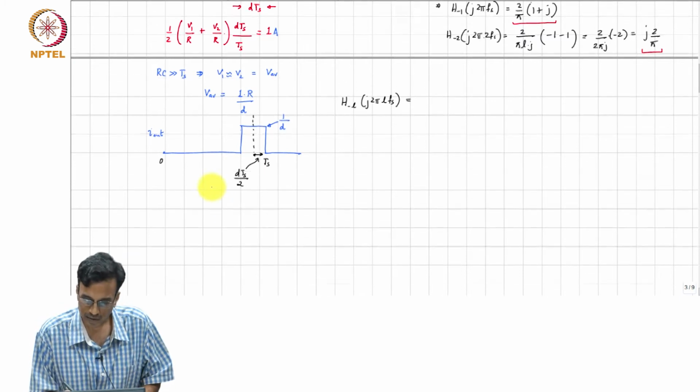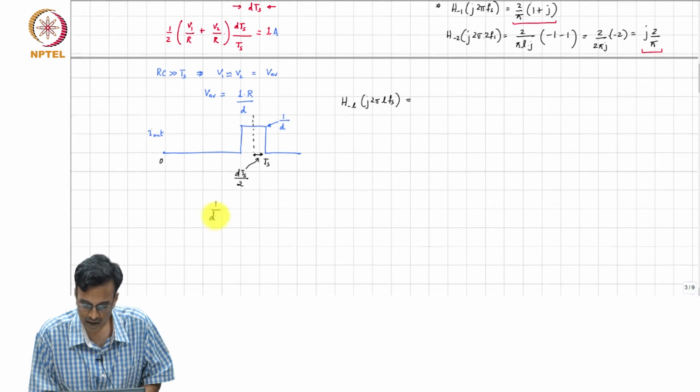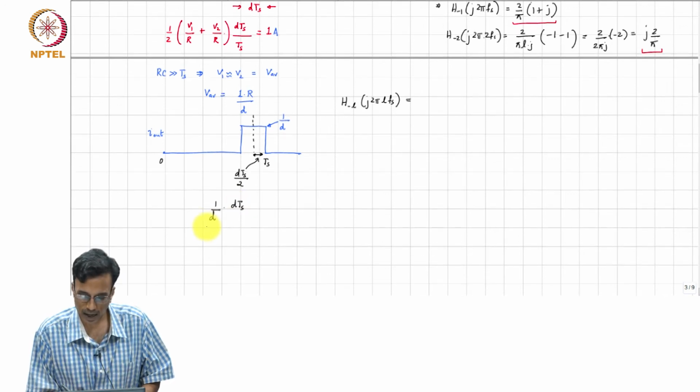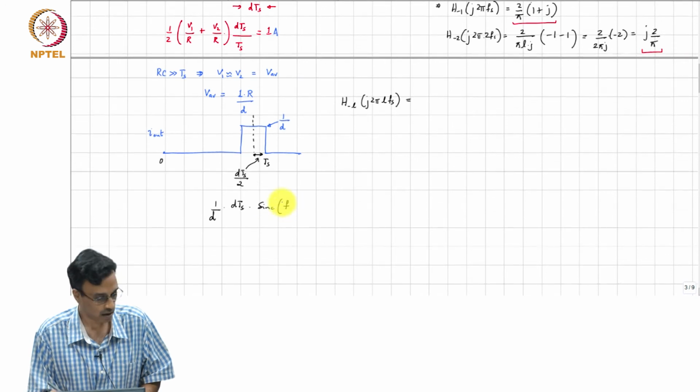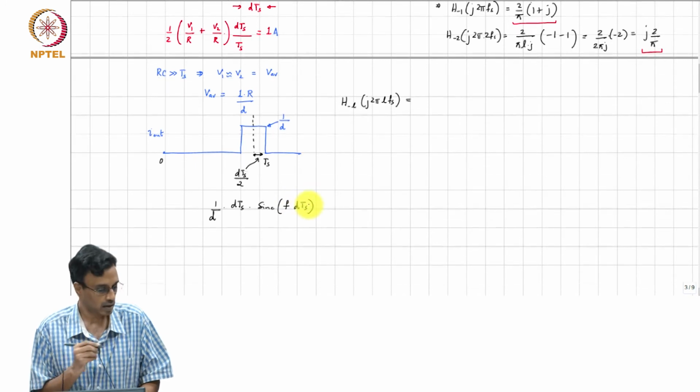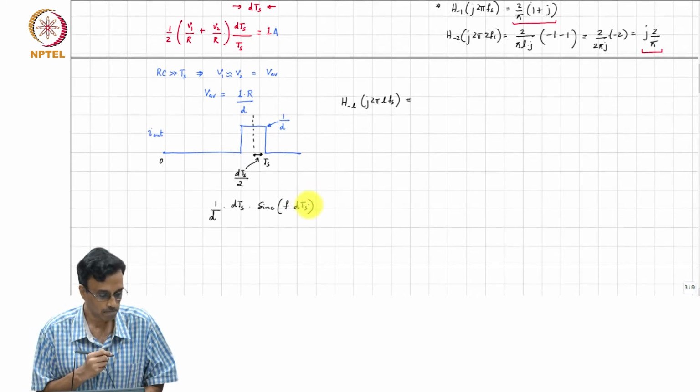The rectangular pulse has height 1 over d and width dTs. So, the transform is A times dTs times sinc of f times dTs, right.